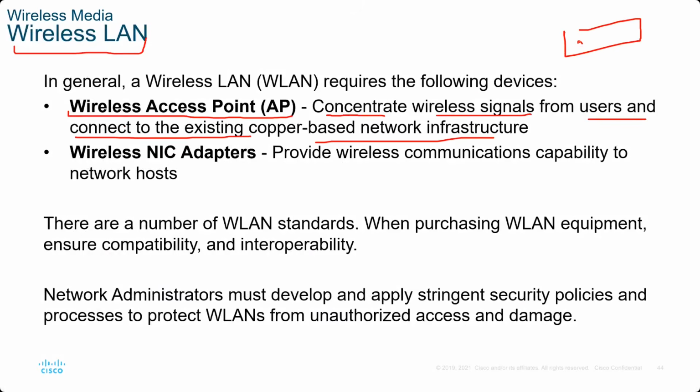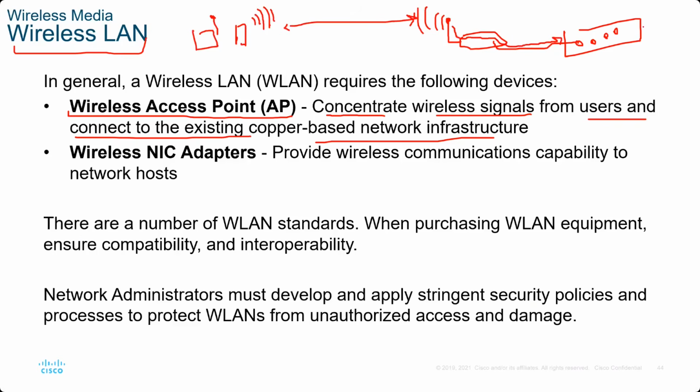So if you have a switch, you can connect a wireless access point through a cable, and now when the wireless access point connects to this physical cable, it gives you the ability that all the wireless devices like your phone and tablets and computers, if they have a wireless network interface card, can connect to this access point wirelessly, and then this traffic would be transferred back to the wired network, and that's how you actually connect to the wired network using wireless.